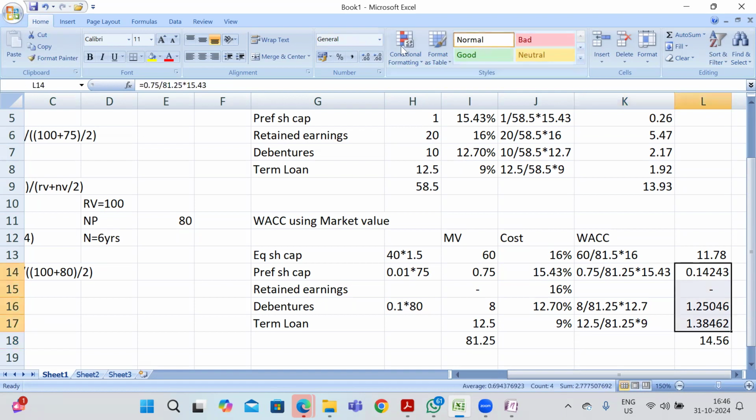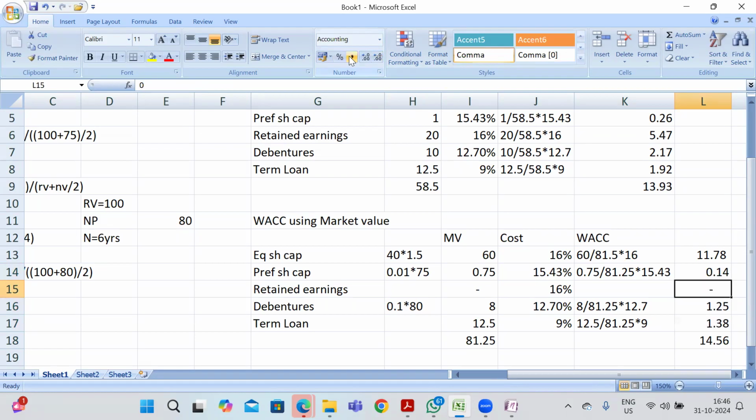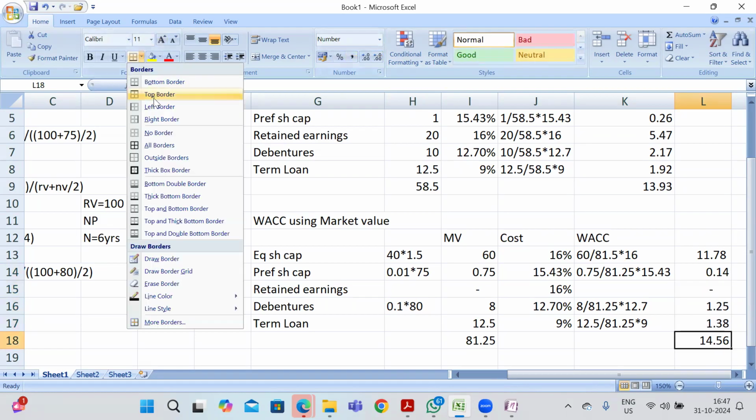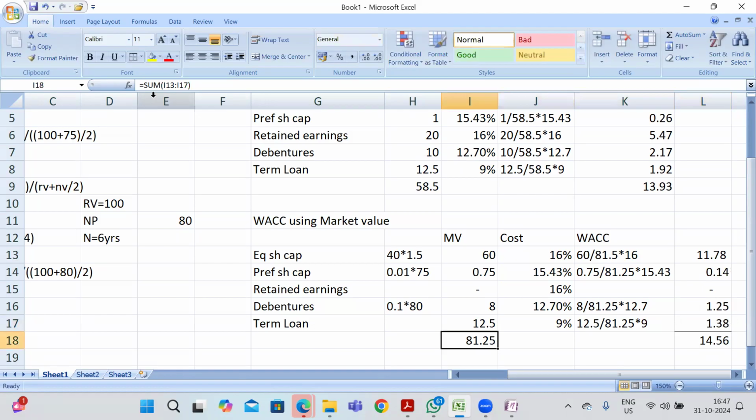So the total is 14.56 percentage. The answer may differ from your source answers because of decimals. Here I am taking 14.56, so it may change up to some decimal values. It is not an issue. So we are getting 14.56 as WACC using market value. This is a simple question, and the same question we got in the earlier term as well. Hope everyone has understood.